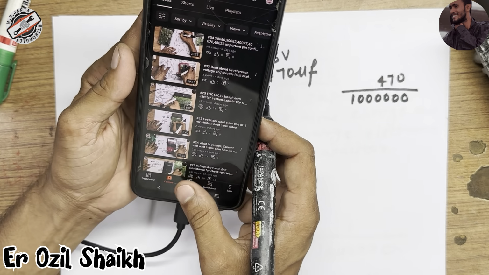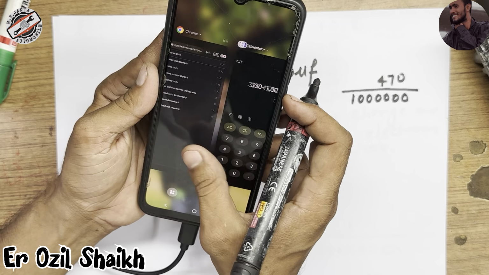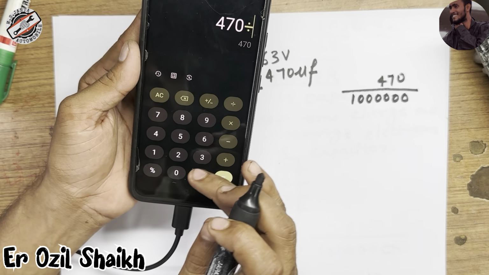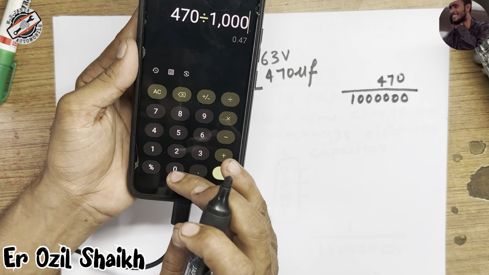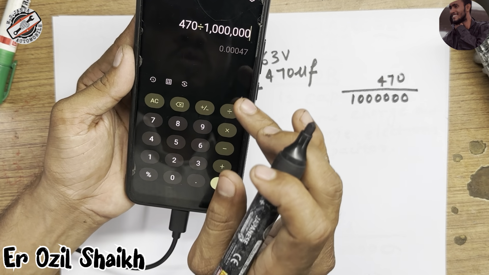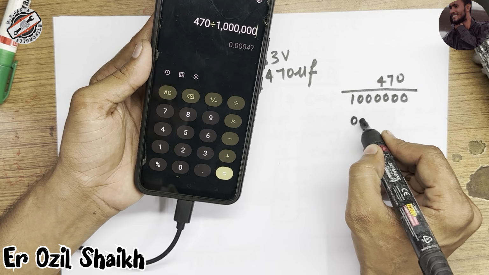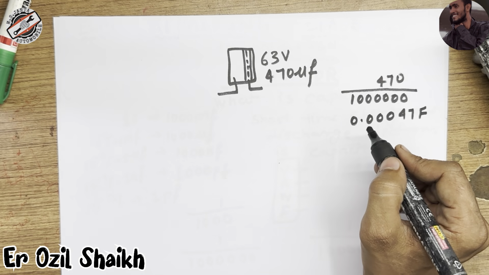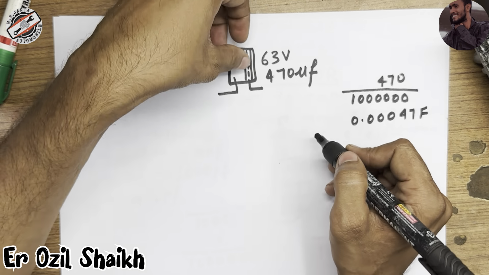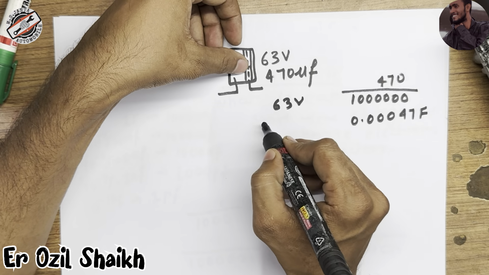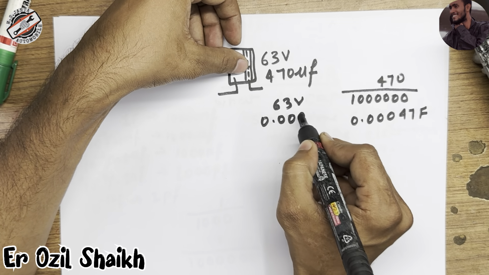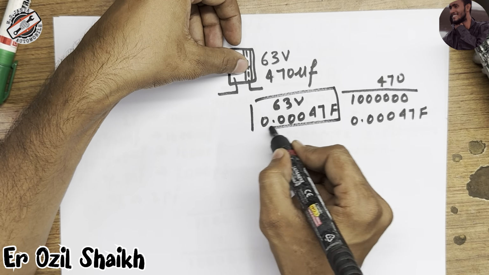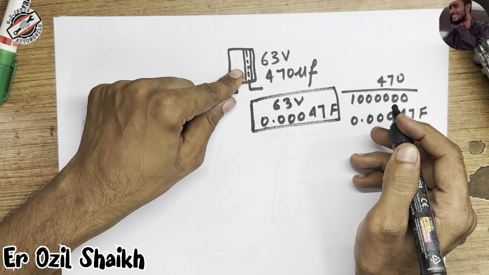If I calculate it, 470 divided by 1 followed by six zeros, you can see 0.00047 farad. So we can say 63 volt and 0.00047 farad. This is the actual value of this capacitor.